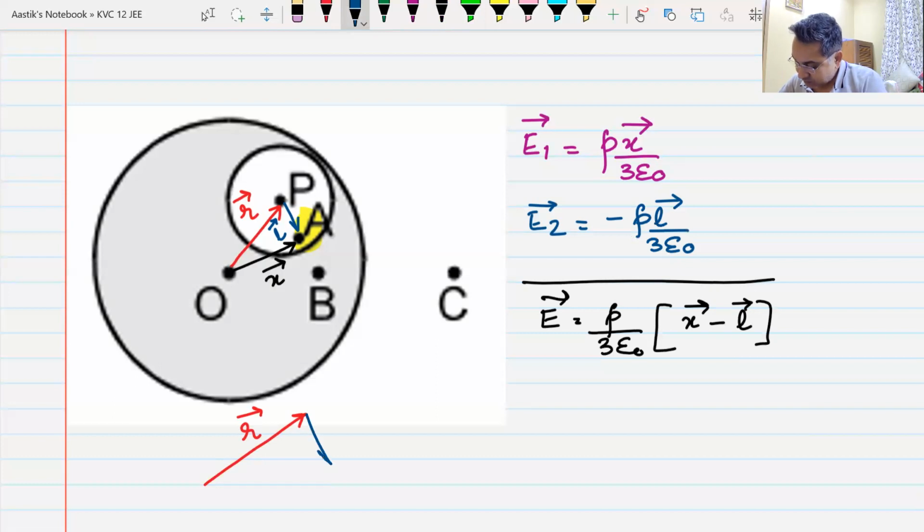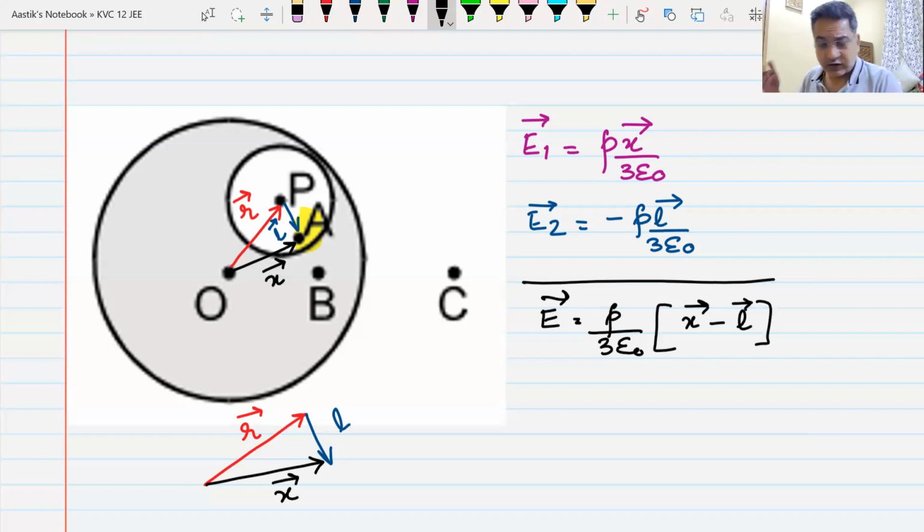This is your L vector. And this is your X vector. What is X minus L vector? R vector, sir. Well done.